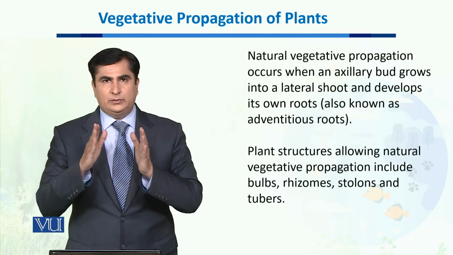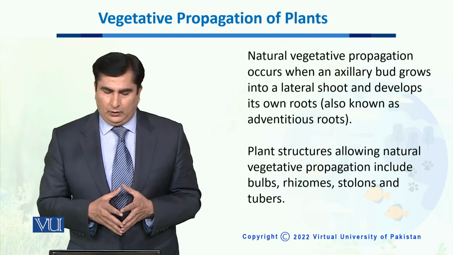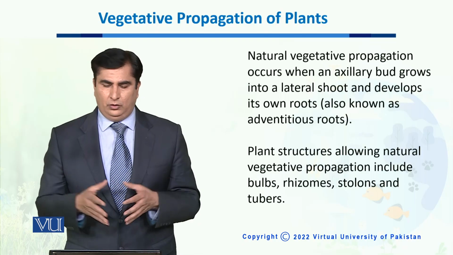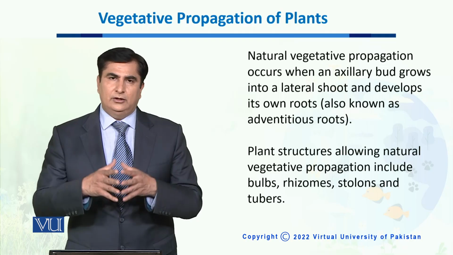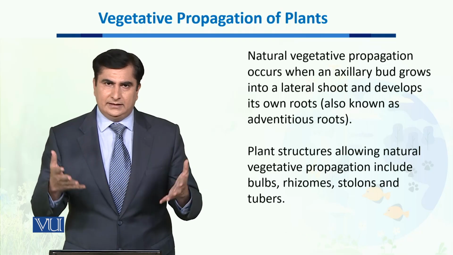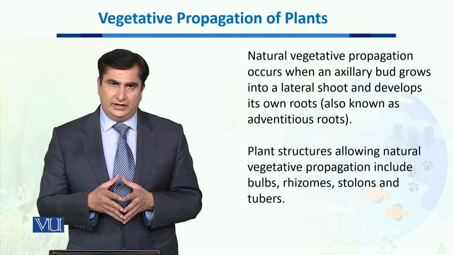Now, the plant structures that allow natural vegetative propagation include bulbs, rhizomes, stolons, or tubers. Those plants which have these parts can easily propagate through vegetative propagation methods.